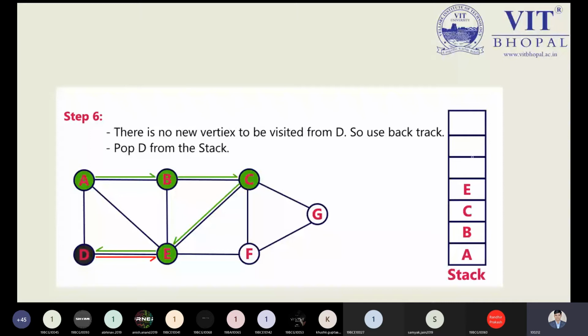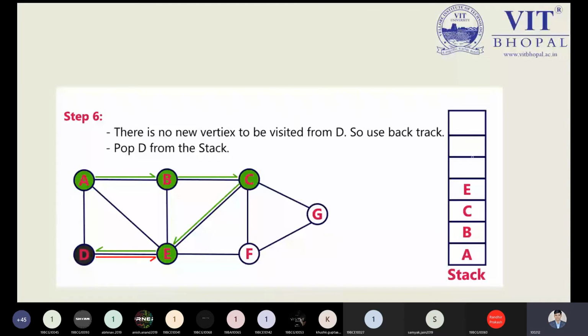So use backtracking from D in the stack. It is noted down over here that D is removed. Is it clear to all?